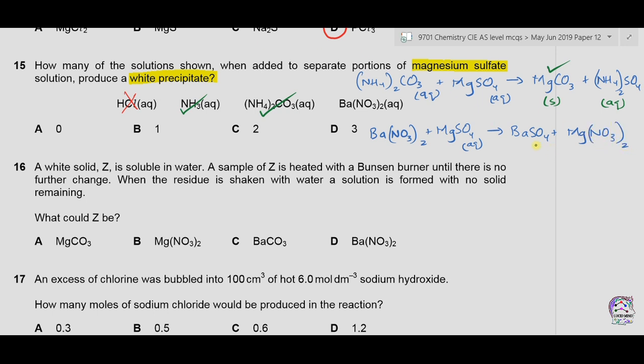As we know that barium sulfate is a white precipitate in solid form and all nitrates are also soluble, so therefore magnesium nitrate is aqueous. So barium nitrate also produces a white barium sulfate precipitate. So among these 4, 3 of them make a white precipitate, so therefore the answer is D.